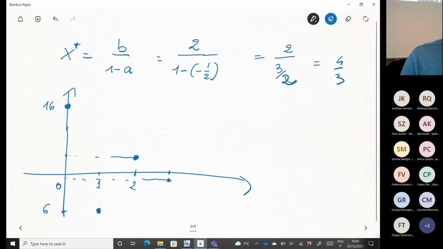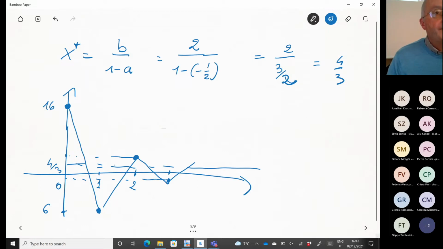So you see what's happening here. It goes like this. Okay? It's a motion by which we have down, up, but it approaches something which is 4 over 3, okay? It is 4 over 3, which is the steady state level in the long run.